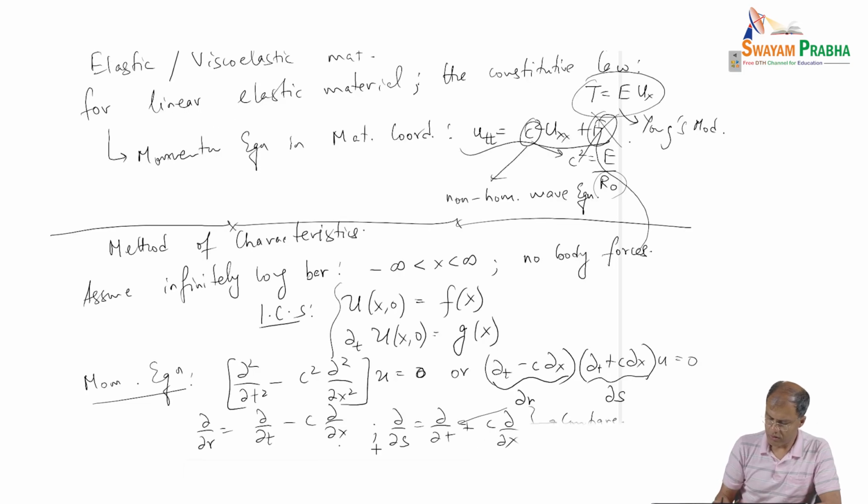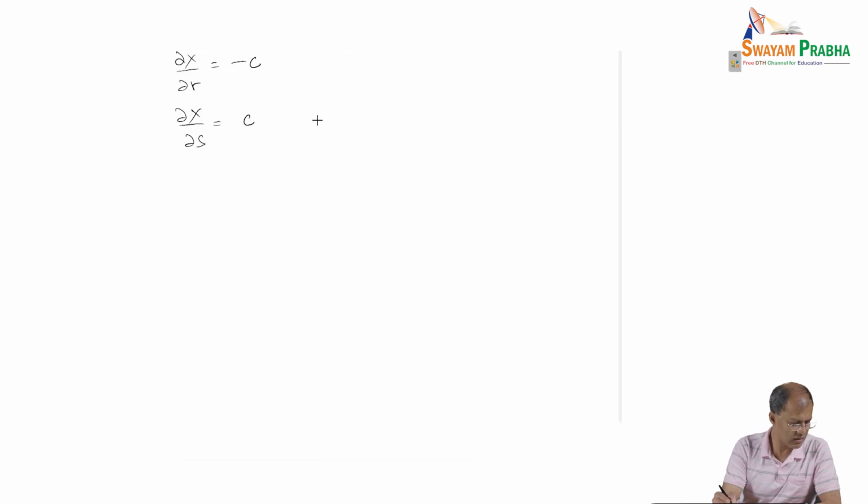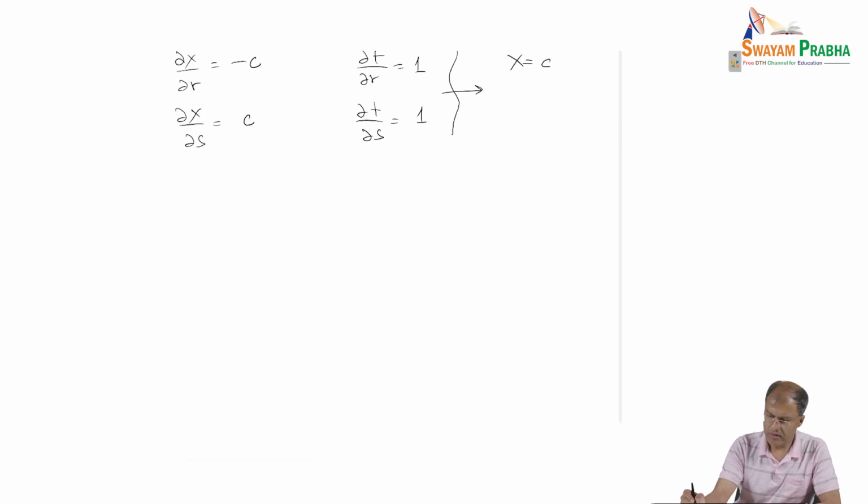So from here we have inverted our relation. Partial x partial r is this, and similarly partial t partial r comes out to be 1, and partial t partial s comes out to be 1, and we see that x is c times minus r plus s and t is r plus s.